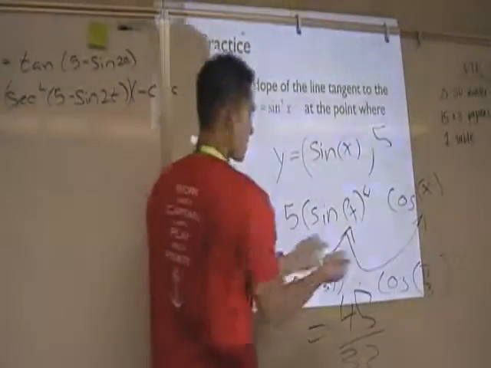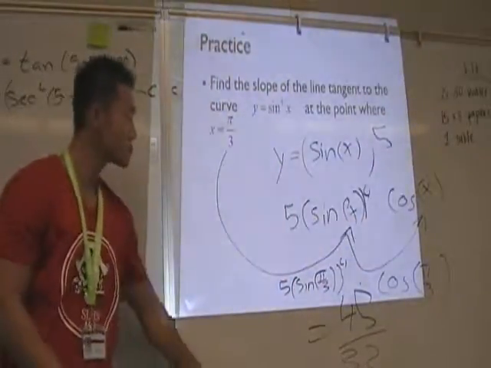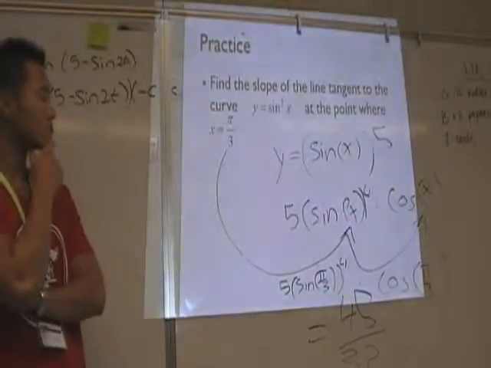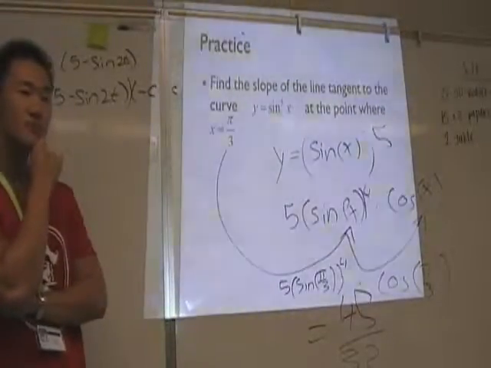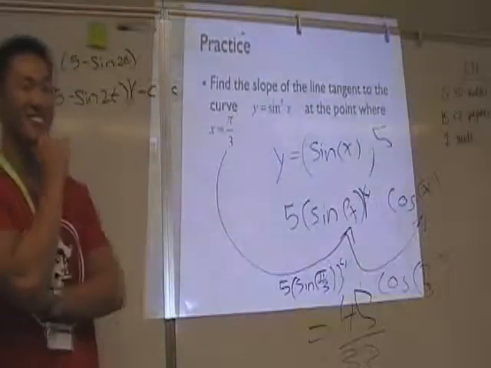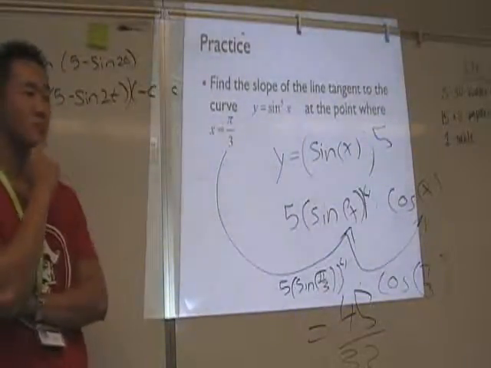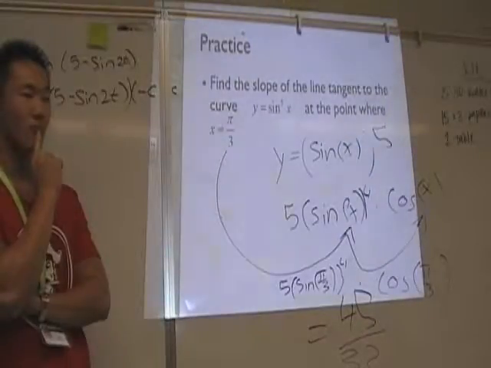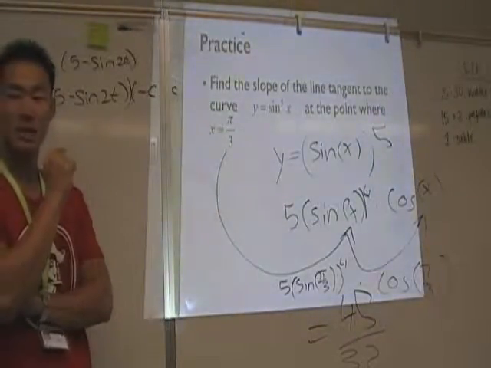So it should be like this. Alright, any questions with this? Everyone got this then? Chain rule's easy?